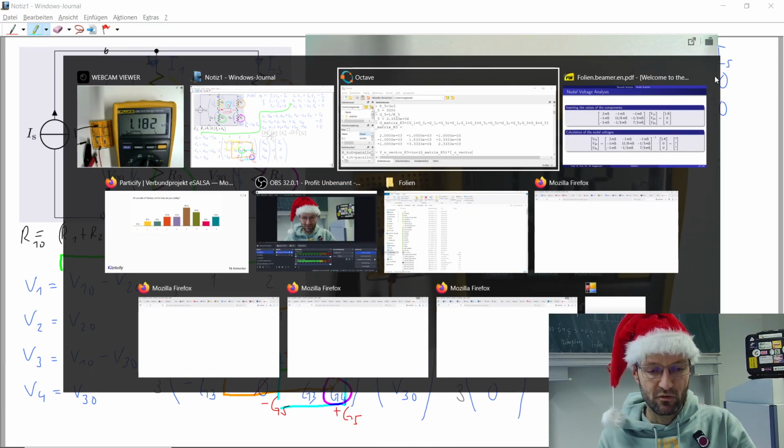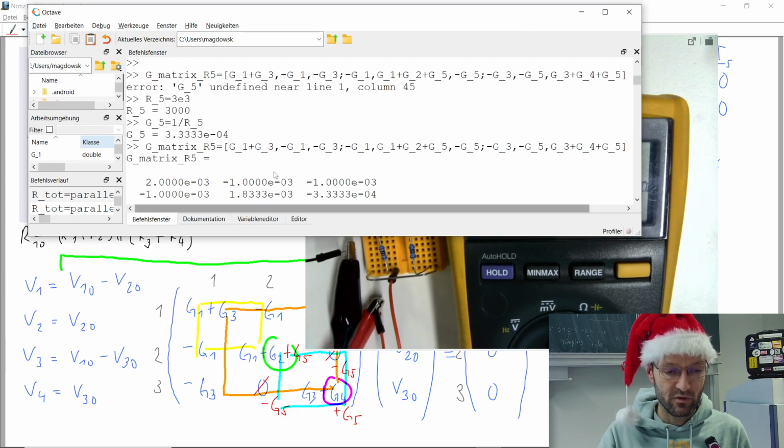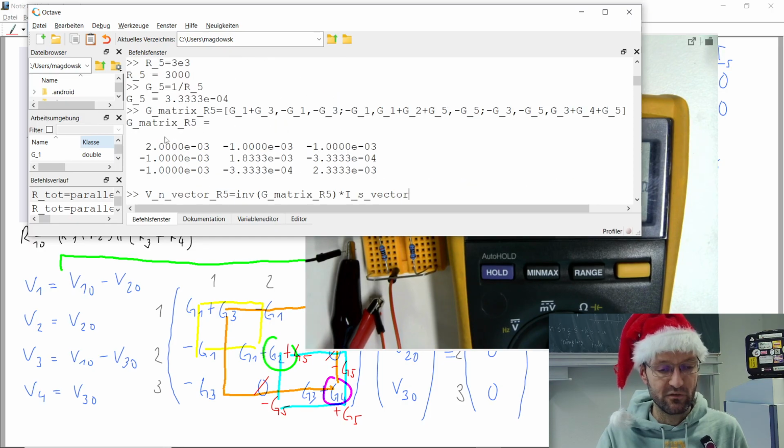That's why the total voltage that we calculate here should also go down. Remember what we got before? Before we had these results, 1200, 800, 600.